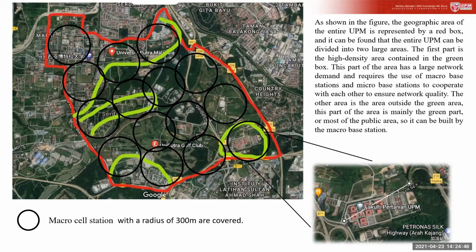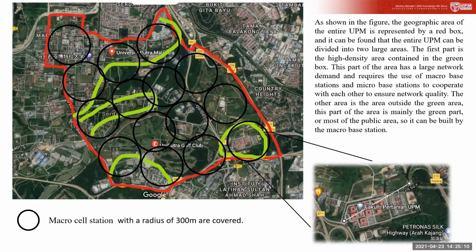Hello, thank you, Ashley. I'm Haoxiang. This part is about the coverage of the UPM. As shown in this picture, the geographic area of the entire UPM is represented by a red box, and it can be found that the entire UPM can be divided into two large areas.